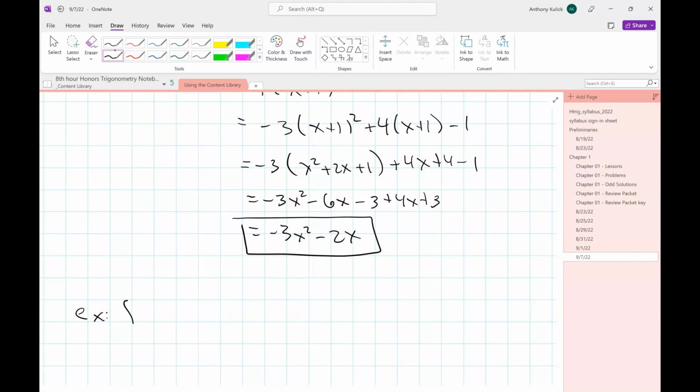So let's say that our parent function here is x squared.